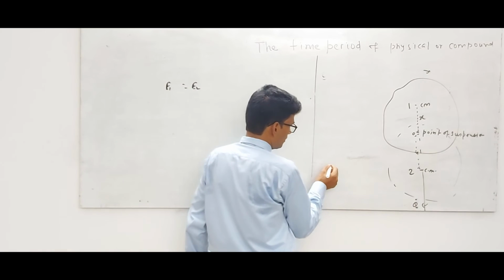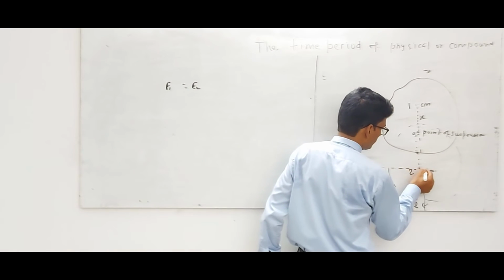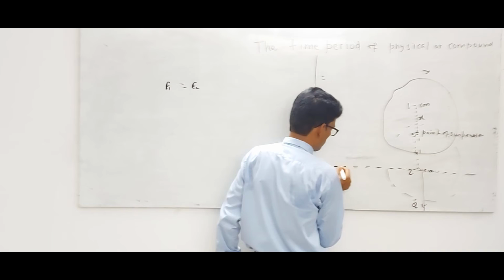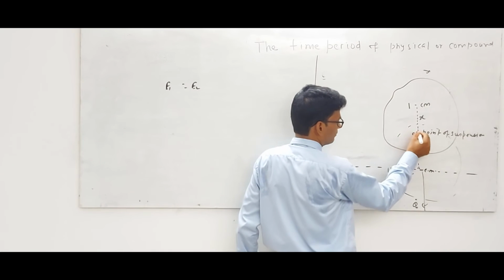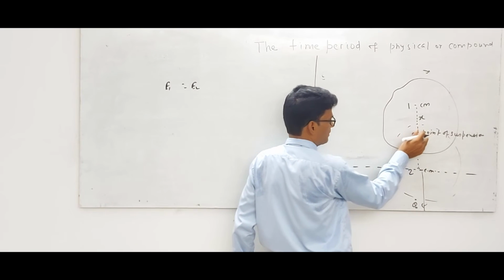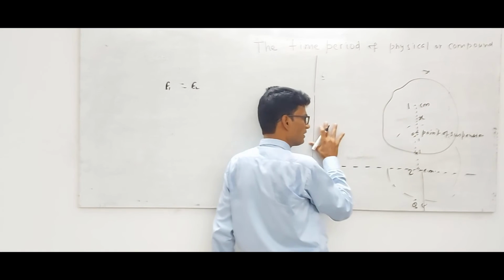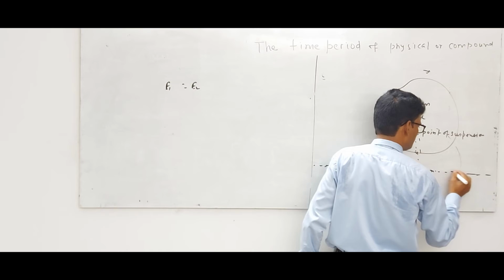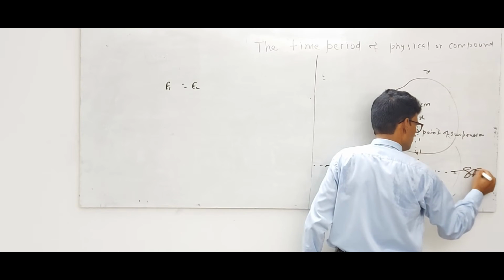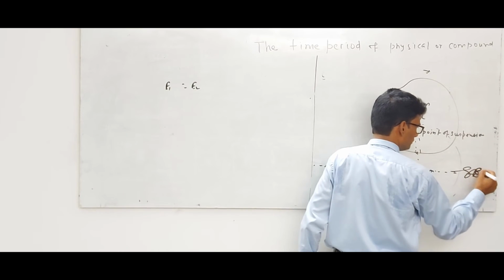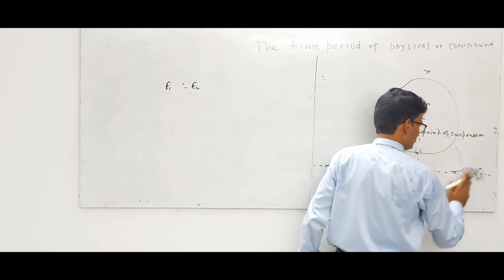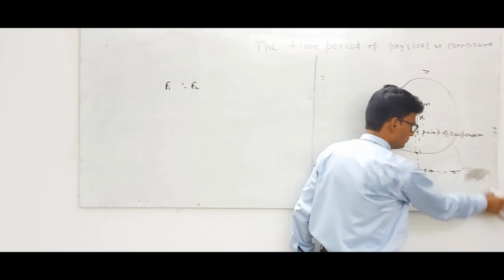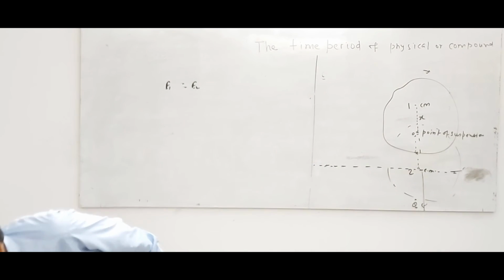So take the lowest position of the center of mass. We might take GP at the point of suspension or at position 1, or anywhere else. So we choose here GP is 0.